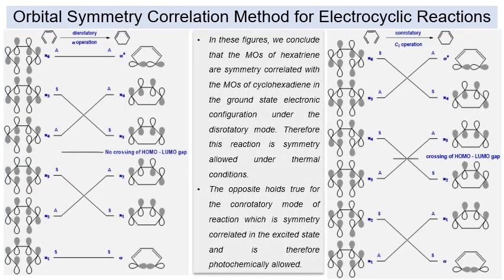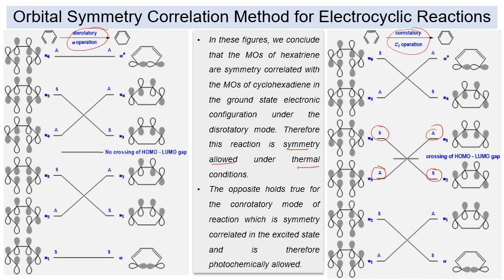Let's now consider the hexatriene system. In the hexatriene system, we can see that the molecular orbitals of hexatriene are symmetry correlated with the molecular orbitals of cyclohexadiene in the ground state electronic configuration under the disrotatory mode. Okay, therefore, this is symmetry allowed under thermal conditions. Whereas in the conrotatory mode, you can see these are crossing the HOMO-LUMO gap and these are symmetry correlated in the excited state.